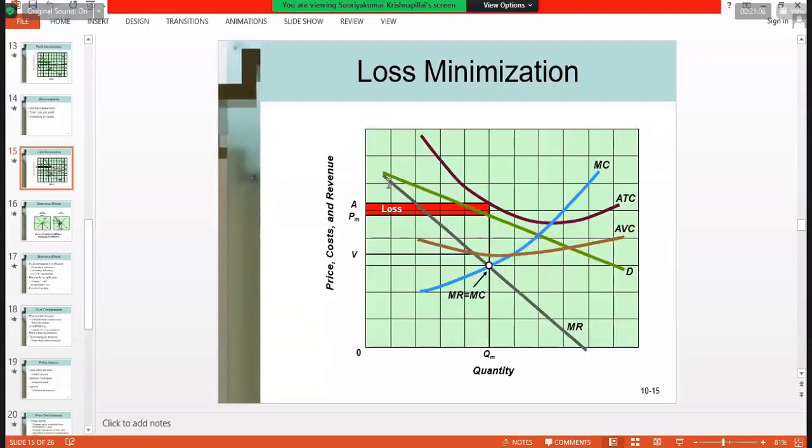Otherwise, the loss equals fixed cost if he shuts down. If he produces more or less than QM, the loss may be higher than when producing QM, because that is the output where marginal revenue equals marginal cost, giving maximum profit or minimum loss.